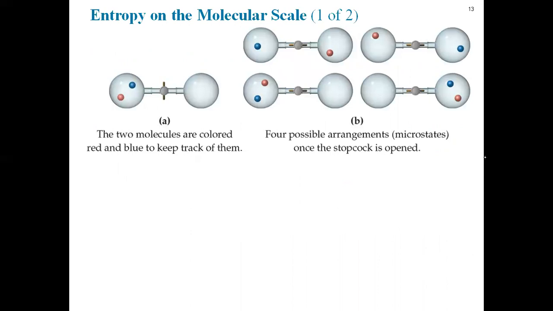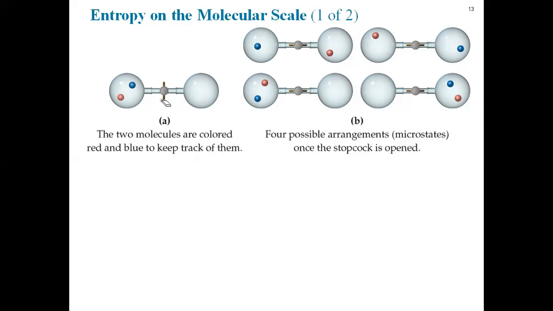All right. So this is the second law of thermodynamics, and then we are going to think about randomness, or entropy, on the molecular scale. In these pictures, two molecules are colored red and blue to keep track of them. On the left side, picture A has both gas molecules limited to the left container.